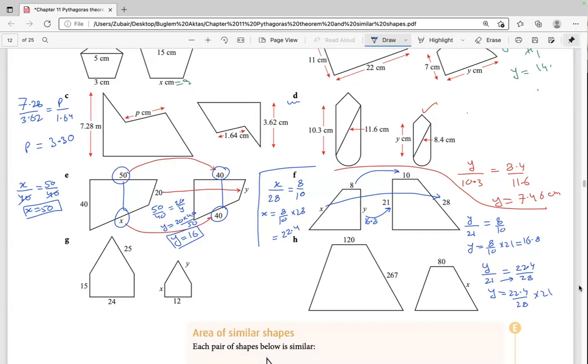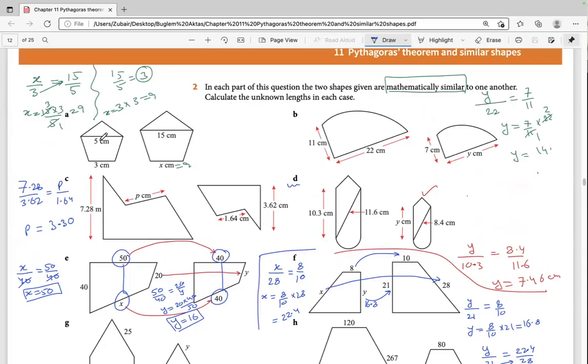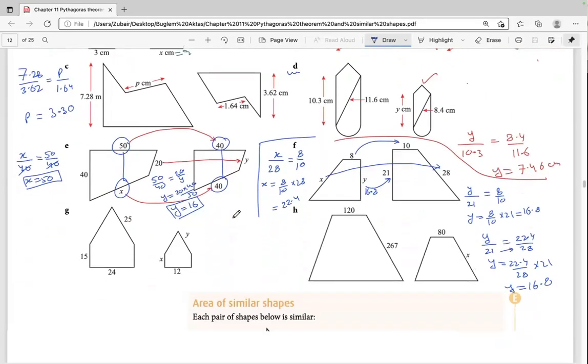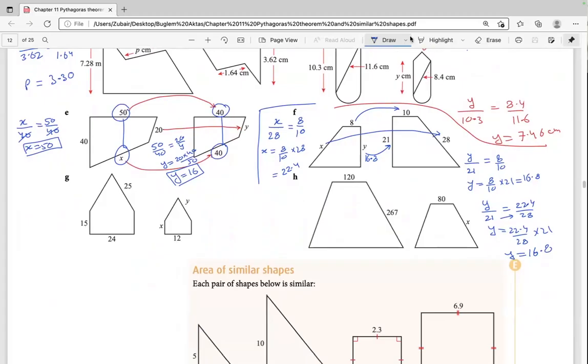I'm getting exactly 16.8. But without the decimals, it would be a lot simpler. That's right. Maybe we would have all the answers without decimals, just like in question number 1A and 1B. But what I'm going to highlight is, for example, someone did this.